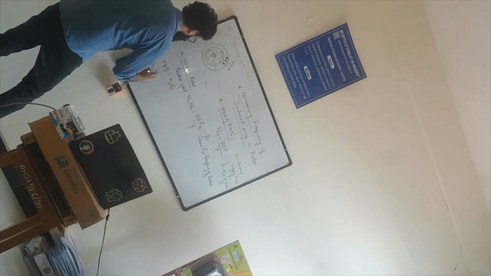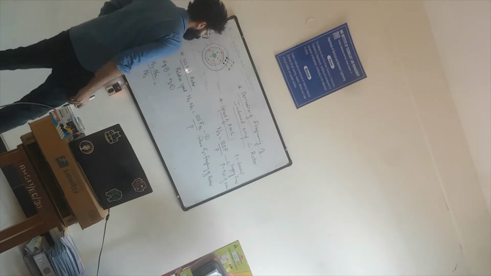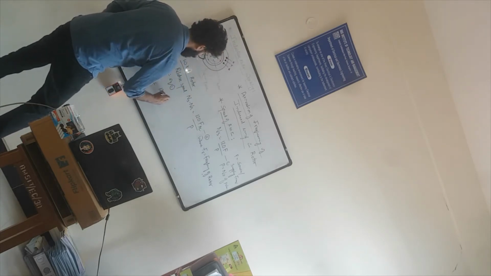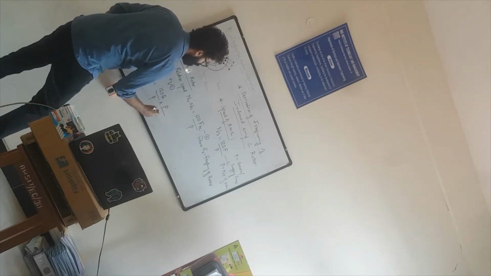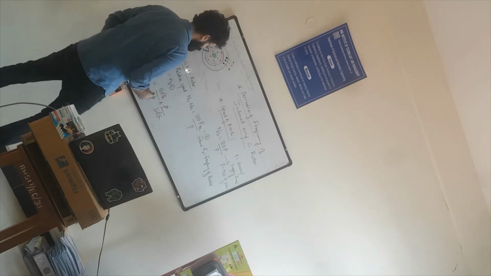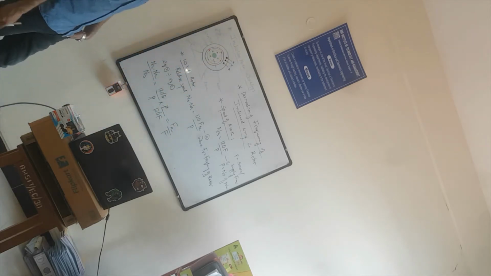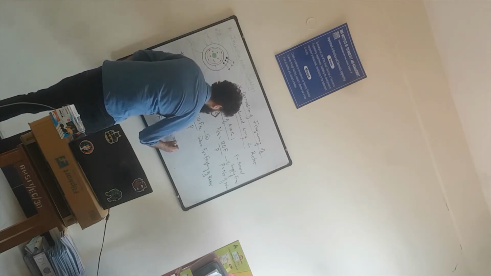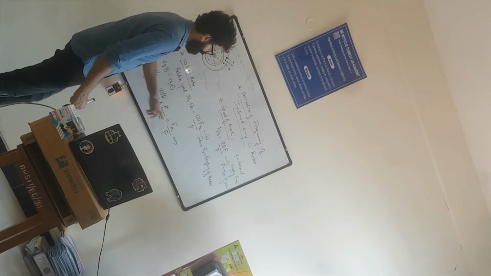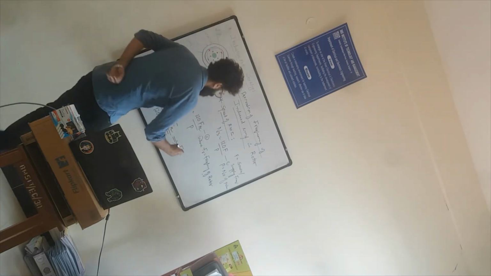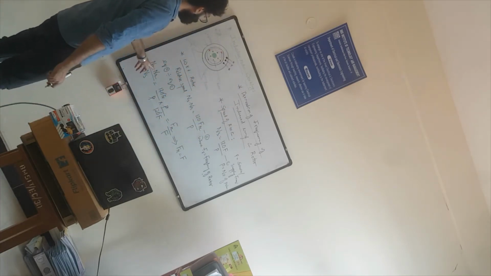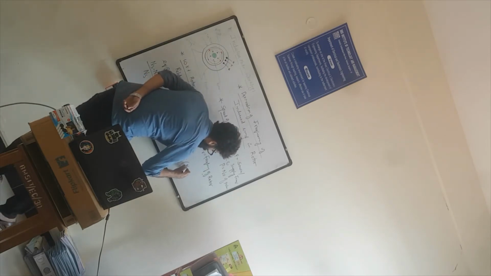So (Ns minus Nr) divided by Ns is equal to 120 Fr by P into P divided by 120 F. So P and 120 get cancelled, and you are left with Fr divided by F. That implies, you can cross multiply, Fr is equal to F into (Ns minus Nr) divided by Ns.